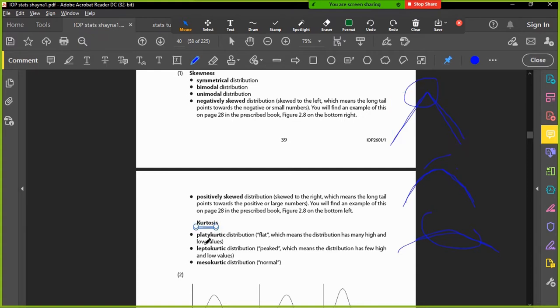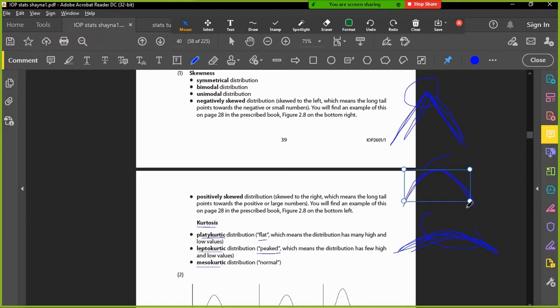Kurtosis. I'm not too sure what the pronunciation is here, but a platykurtic graph would be a flat graph. That would look something like that. If it's leptokurtic, then it's peaked, and it will look something like that. If it's mesokurtic, then it's more normal.